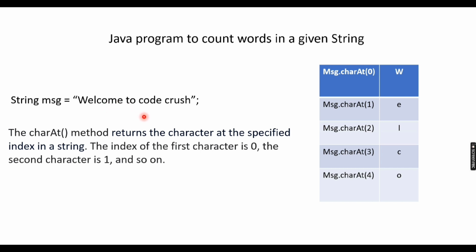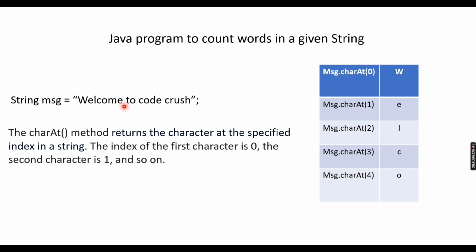Let's say the first time the value of counter will be 1. Then we will start from the 0 index position. Whenever we encounter a space, we will increment the value of counter. Here it will start from index 0, then it will have the values W, E, L, C, O, M, E. Then it encounters a space, and we increment the value of counter.